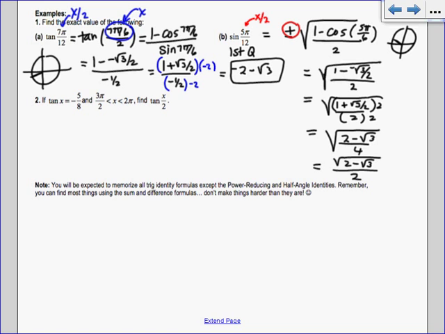So if I have tangent of x equals negative 5 over 8, and I know that x is in the, let's see, fourth quadrant. It says find tangent of x over 2. So let's first draw it. We know that tangent is opposite over adjacent. So my adjacent is going to be 8. My opposite has to be negative 5 because we're in the fourth quadrant.